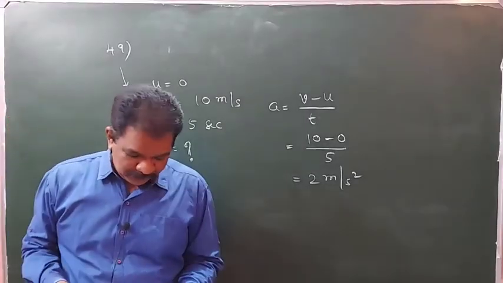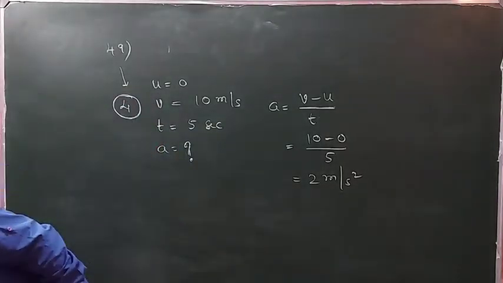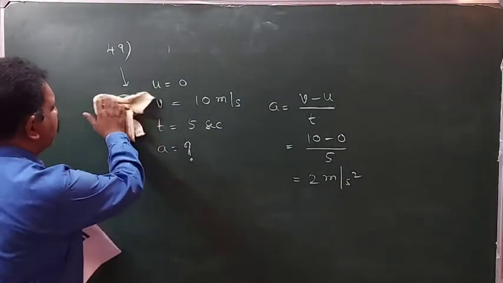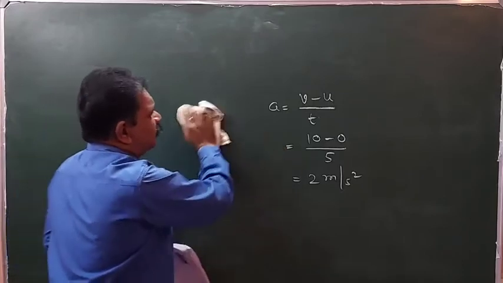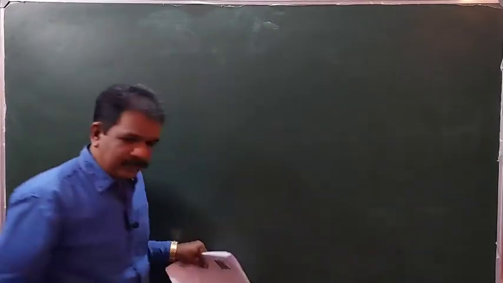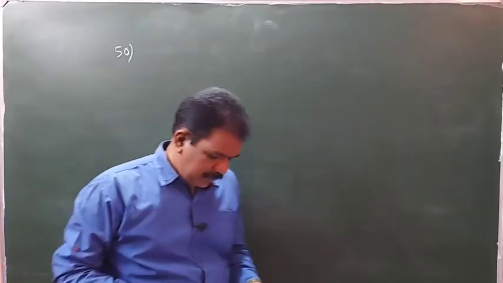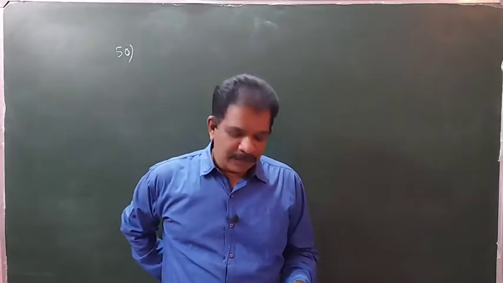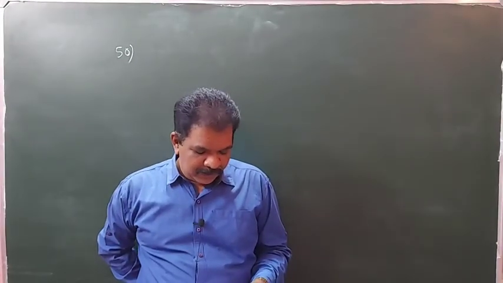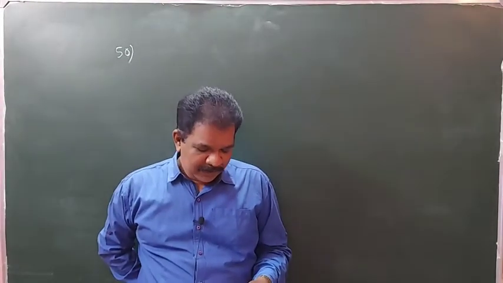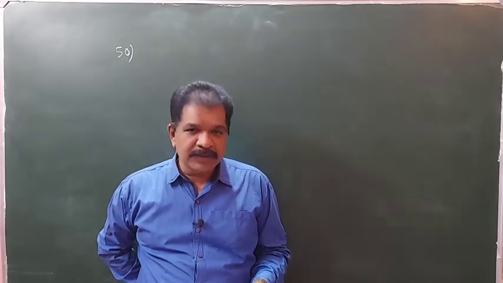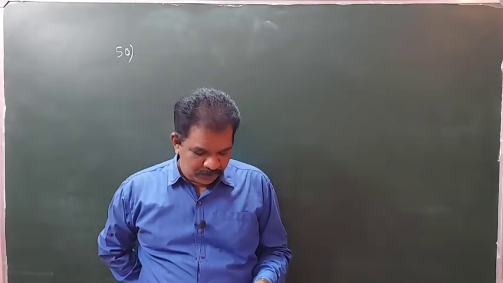Next, 50. See what they are asking. The position x of a particle varies with time as x is equal to at square minus bt cube.